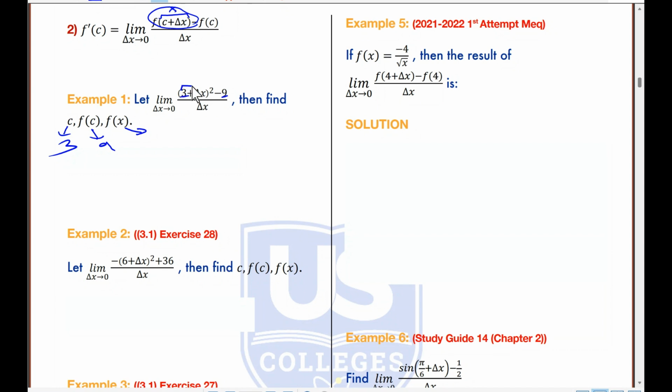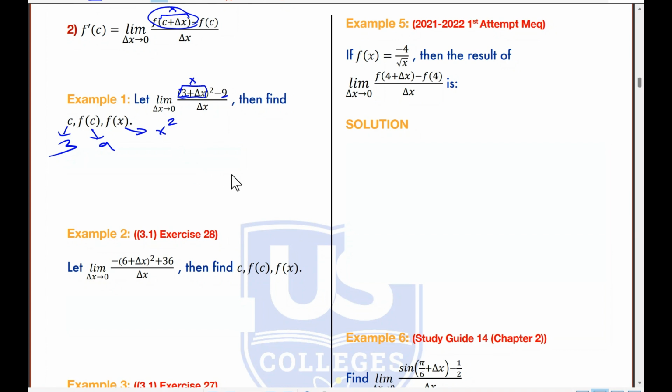So you consider 3 plus delta x as x. Okay, so that's your x squared. This is how you identify f of x. The first one at the top is the f of x, when you consider number plus delta x as x.